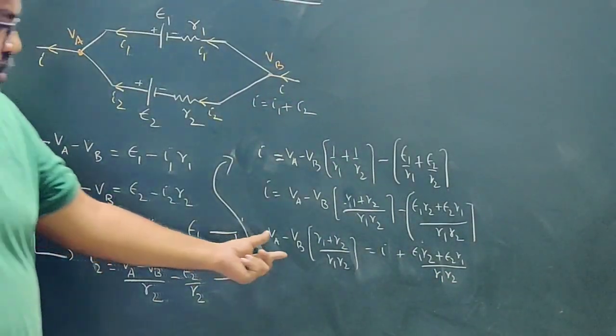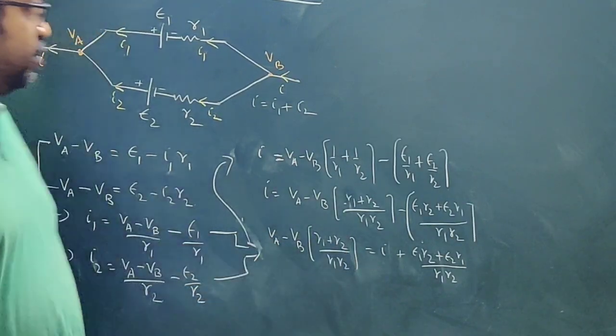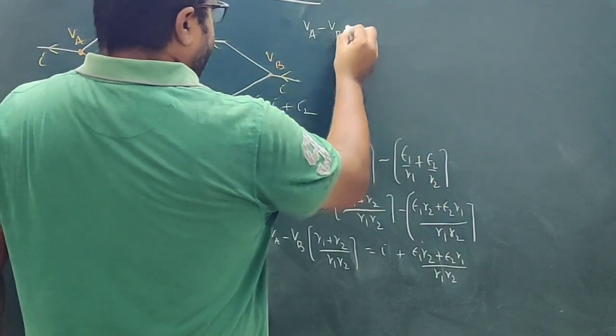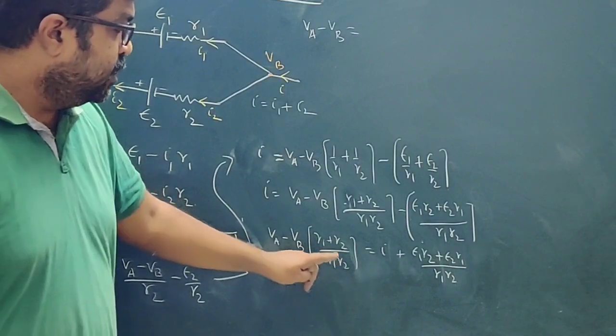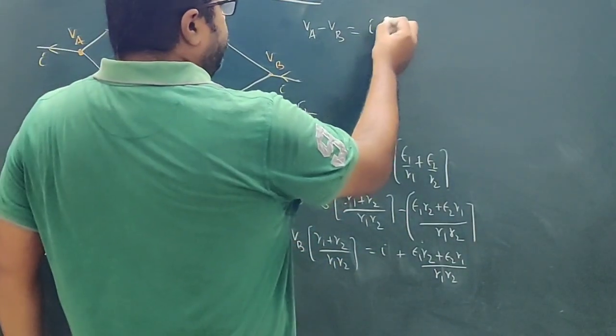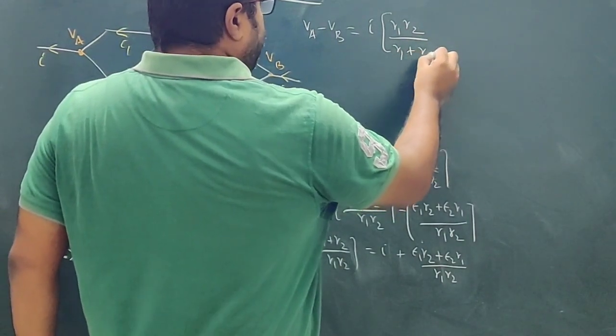So now if I find the value of VA minus VB from this, I have to multiply by R1 R2 over R1 plus R2, it will go to the other side. So this is I times R1 R2 divided by R1 plus R2.